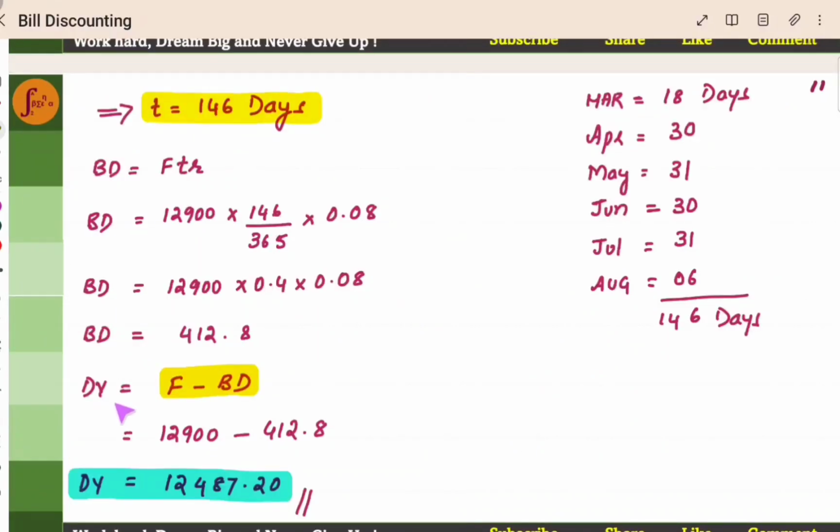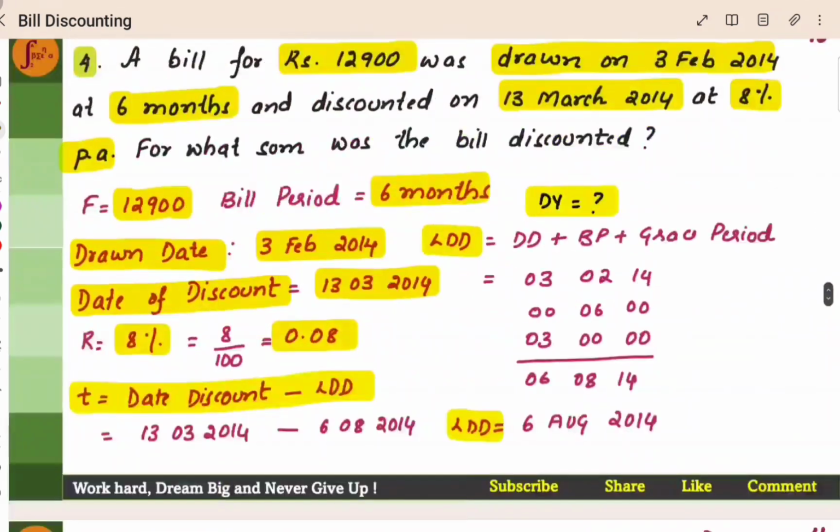So you can use two formulas for discounted value, right? You can either use face value minus banker discount, or you can say discounted value is equal to face value into 1 minus TR. Either of these formulas you can use. I've used banker discount. Face value is there, R is there, we don't know what T is, right? How do we find T? They have given drawing date, they have given the bill period, which is 6 months.